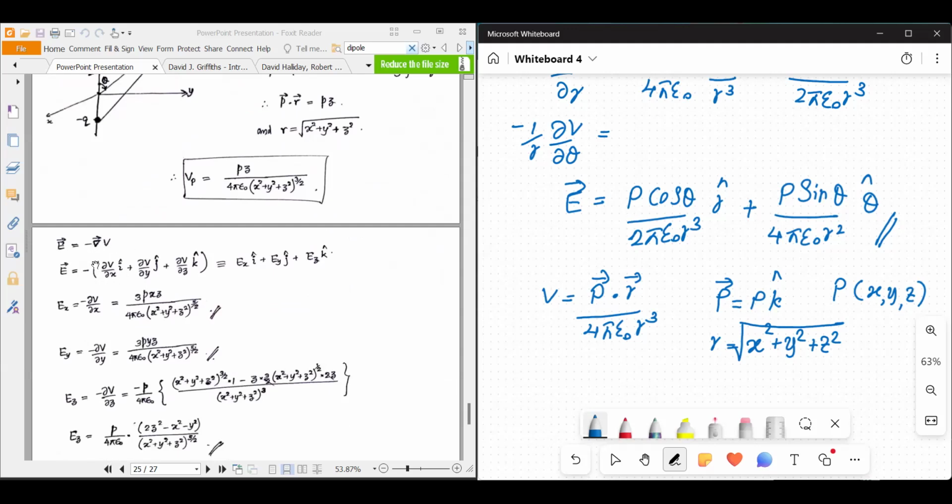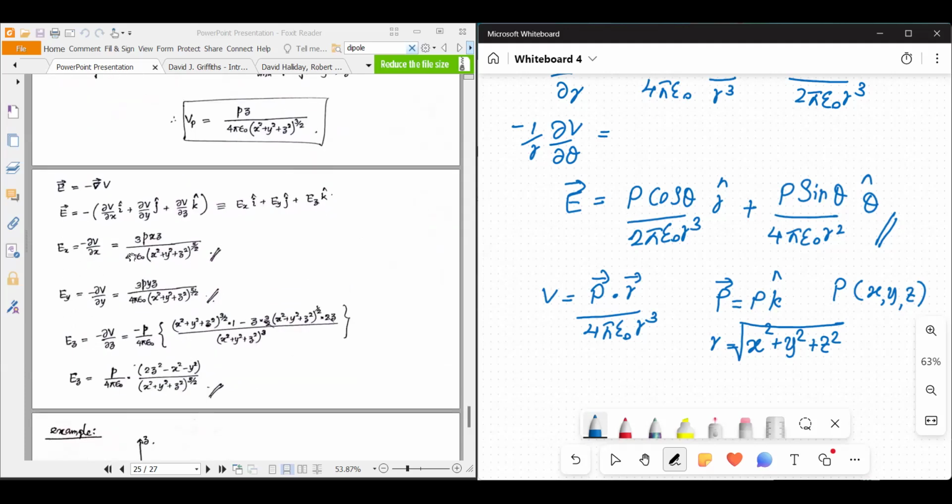So the del operator here in Cartesian coordinates. And when we look into the potential, it now depends on x, y, and z. Therefore, we will have Ex, Ey, and Ez components. By doing the differentiation with respect to x, y, and z, we can calculate Ex, Ey, and Ez.